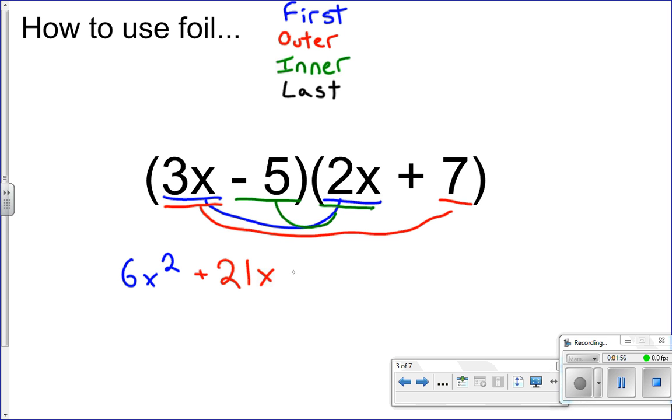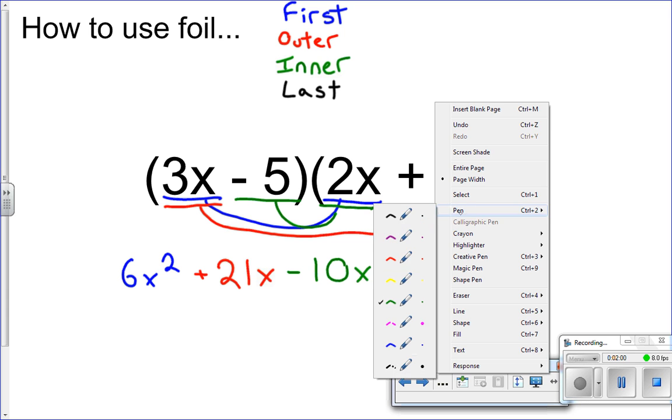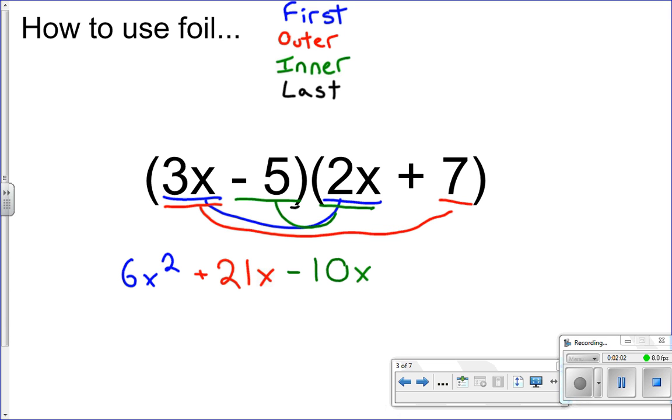Negative 5 times 2 is negative 10x. And finally, the last terms are negative 5 and positive 7. And negative 5 times 7 gives me negative 35. So I multiplied the first terms, I multiplied the outer terms in red, I multiplied the inner terms in green, and I multiplied the last terms.